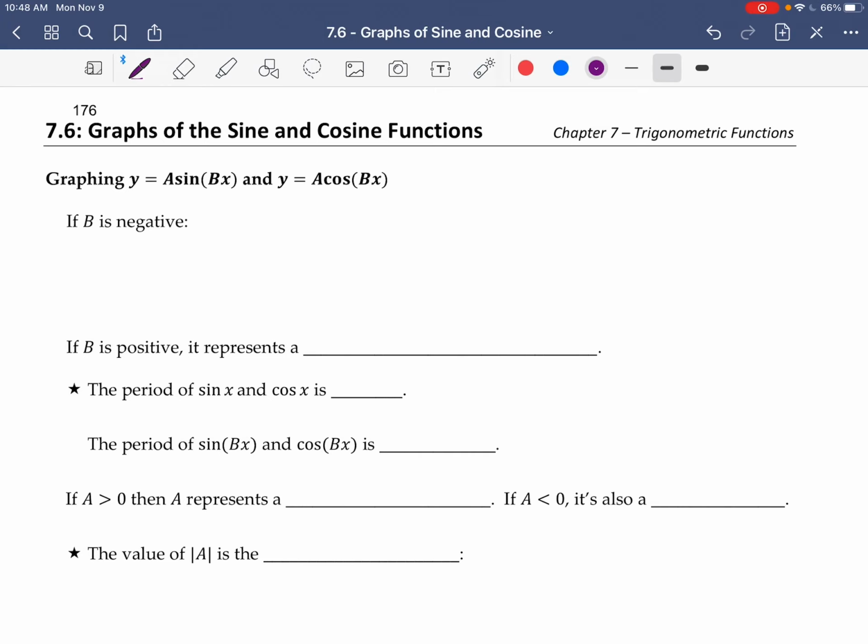So then we can only consider positive b's. So if b is negative, we use the even-odd properties of sine and cosine.